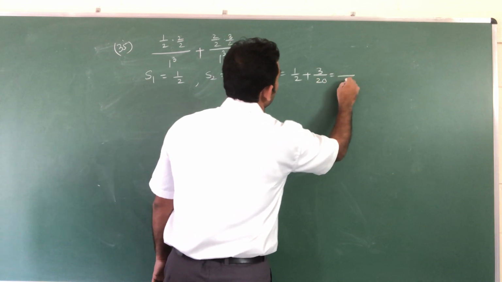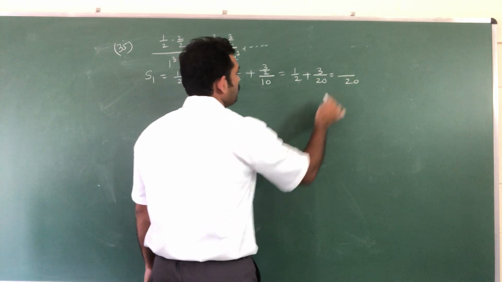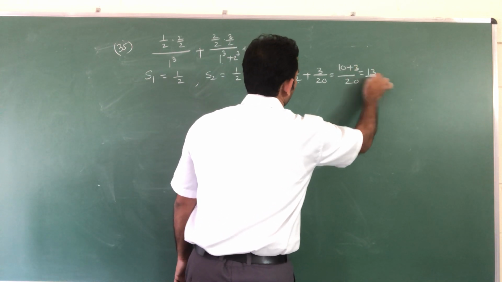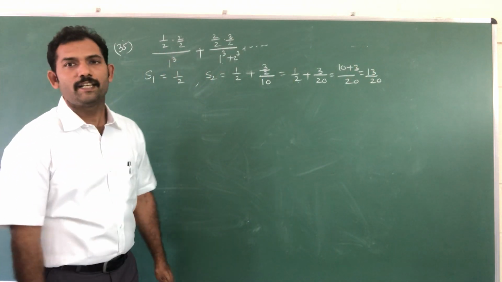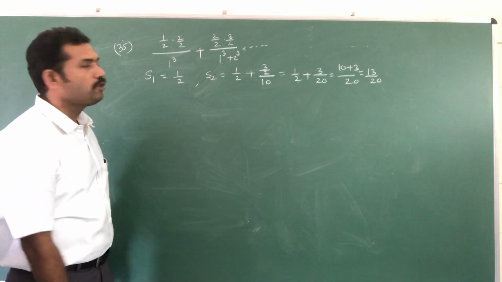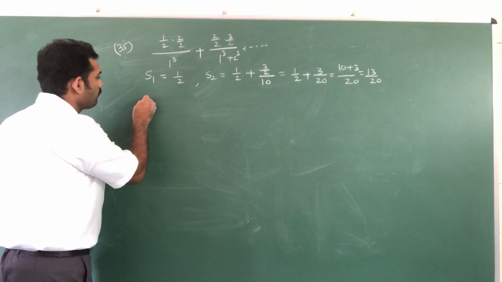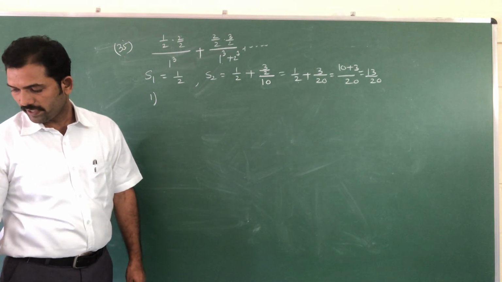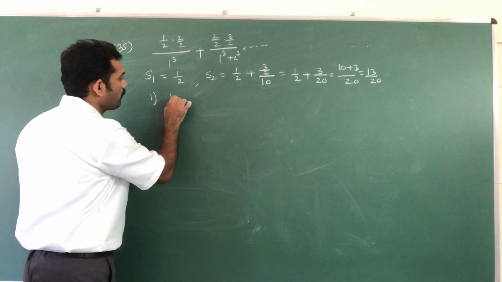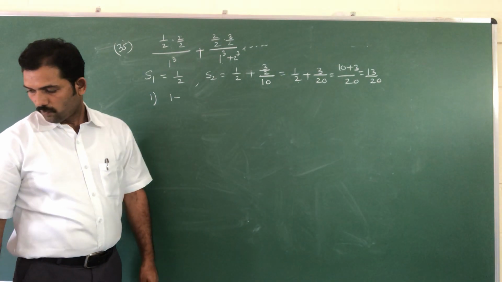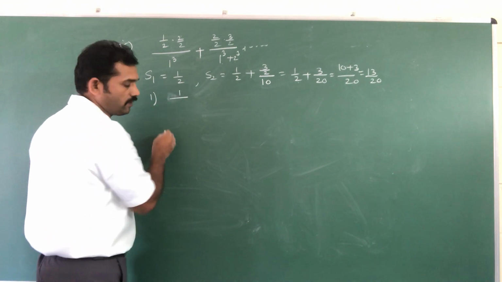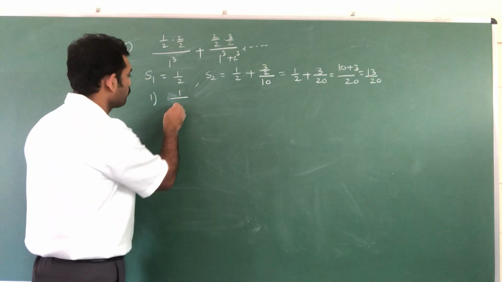So this is 1/2 plus 3/20. LCM is 20, so 10 plus 3, 13 by 20. S2 value is 13 by 20, S1 value 1/2. Now verify the options. First option, n is equal to 1 substituted: 1 plus 1 square, 2 square means 4.